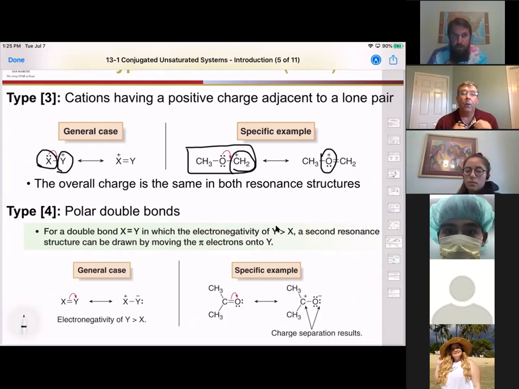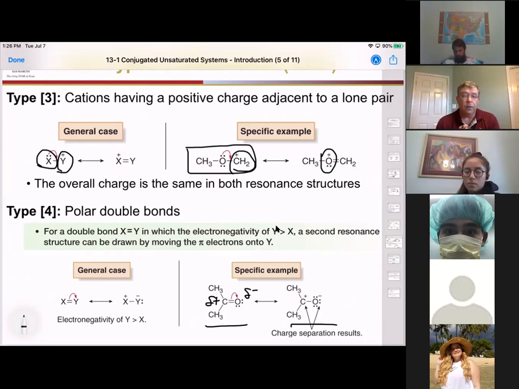We also see this kind of thing in polar double bonds. Remember, when we talked about the carbonyl carbon, we said that it has, by resonance structure, a partially positive side and a partially negative side. And that was because the 2 different extremes for that resonance would be 100% in the double bond form, or 100% in a charge separated form, where the positive charge is on carbon and the negative charge is on oxygen.